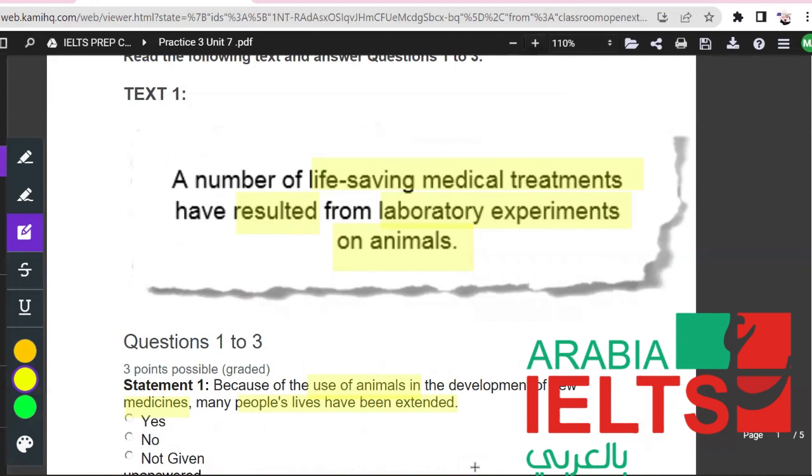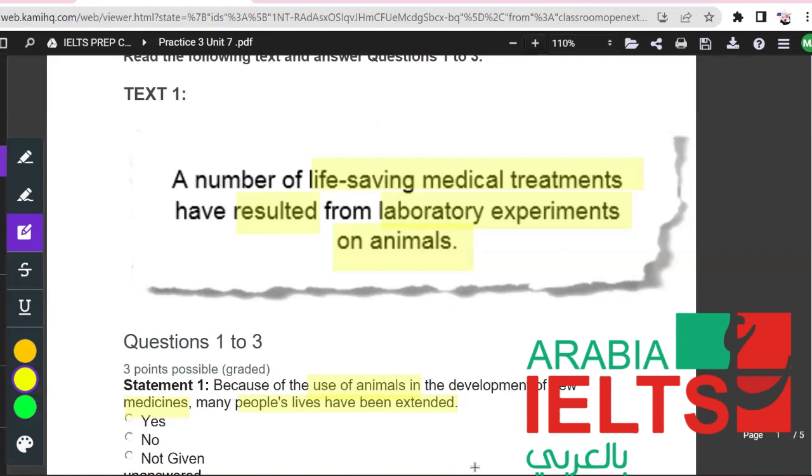What do you guys think about this one? A number of life-saving medical treatments have resulted from laboratory experiments on animals. Think about the opinion of the writer versus the opinion in the statement. Do these opinions match, agree? If they agree, it means yes.